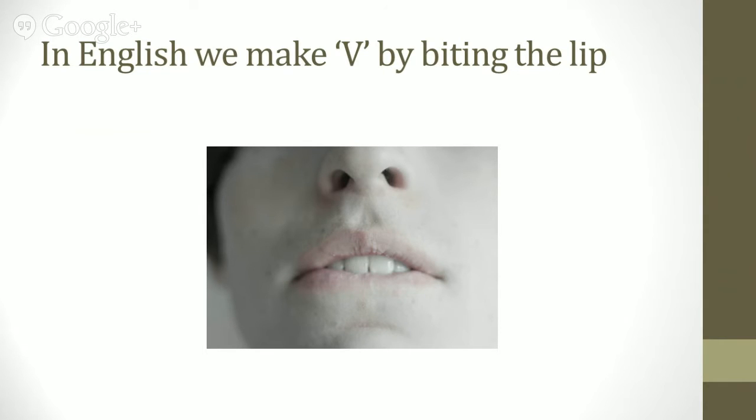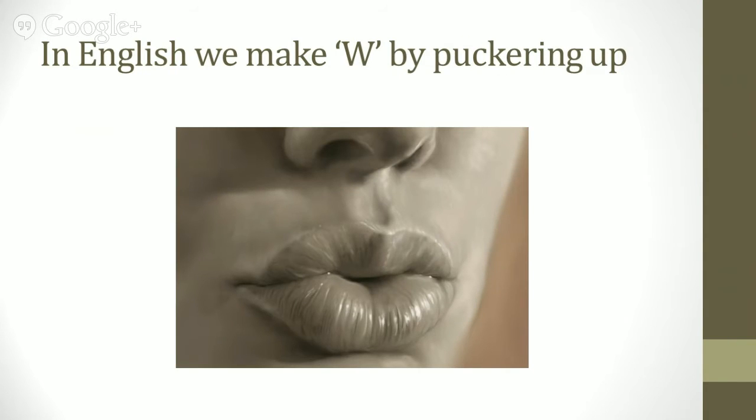Notice when you pronounce anything with a V, van, your teeth are biting down in the middle of your lip. And in English, this is how we make the W sound by puckering up like we're about to kiss somebody. So woo, woo. Notice how far out your lips are there.